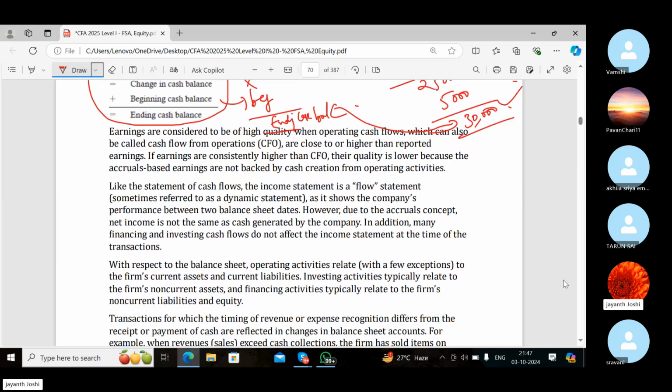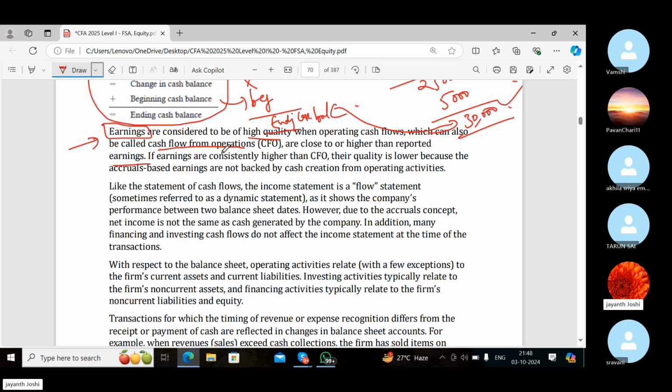Let's see some of the theory, some of the points they have mentioned. Earnings are considered to be very high quality when operating cash flows, which can also be called cash flow from operations, are close to or higher than reported earnings. At times this is considered very high quality, and cash flow from operations can be more or less than that.